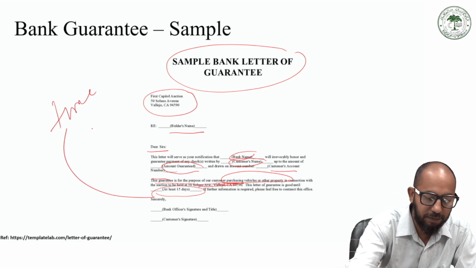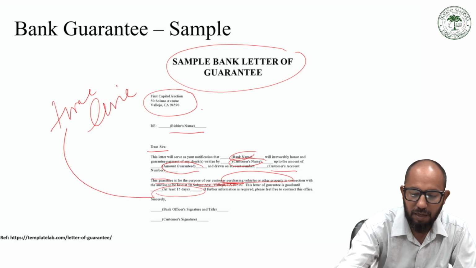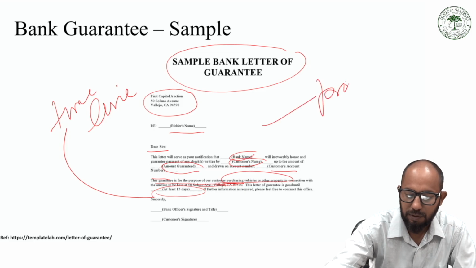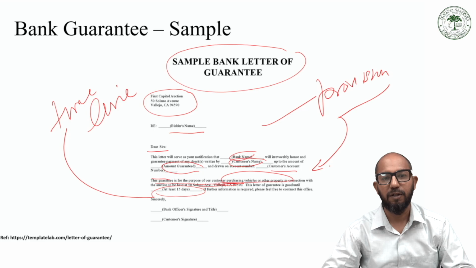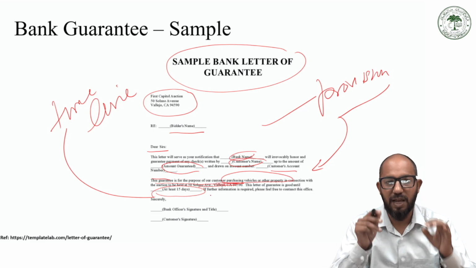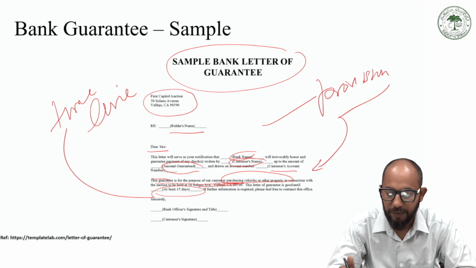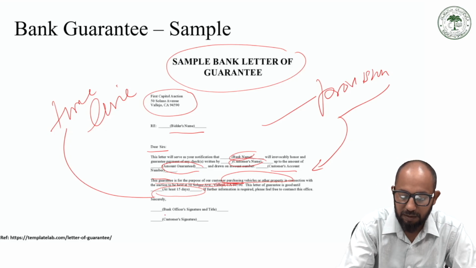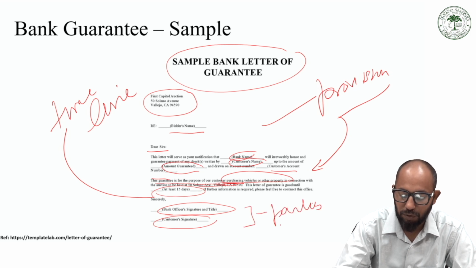timeline of the guarantee, and other different provisions are explicitly mentioned in the letter of guarantee. So you can see at least 15 days' time is specified in it, and the bank officer's signature and the customer's signature, because these two become the parties of this document.